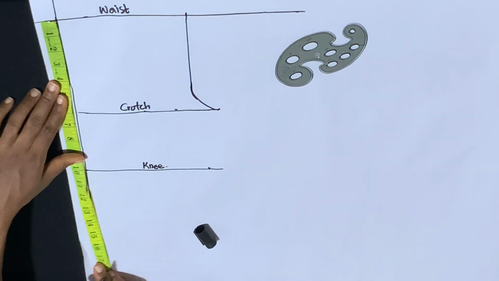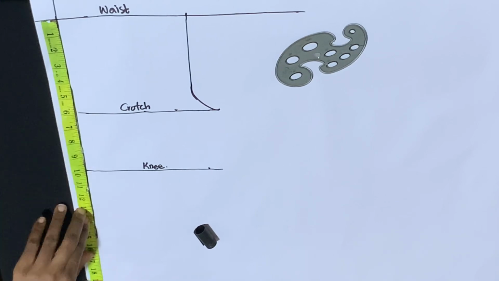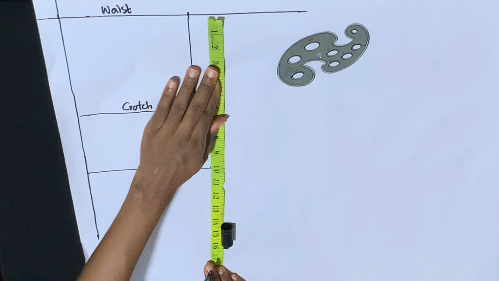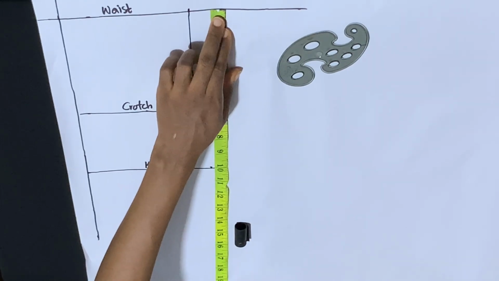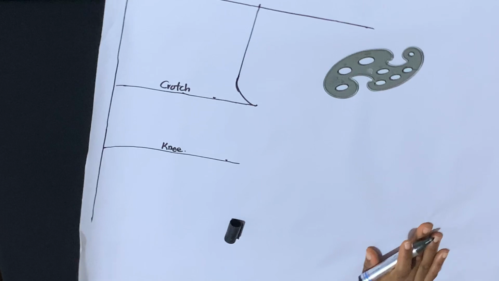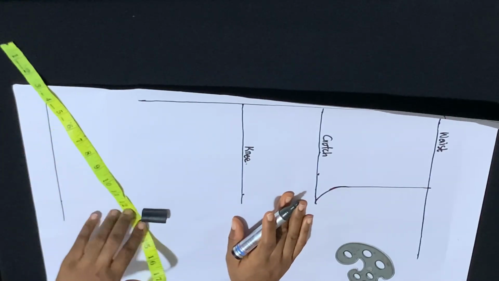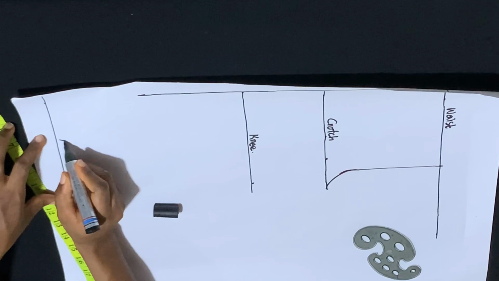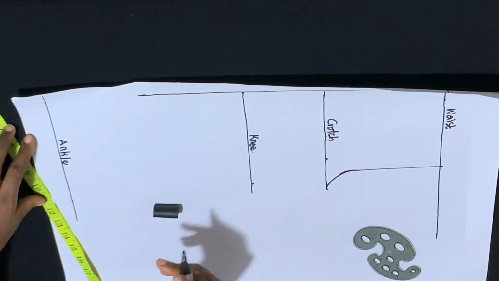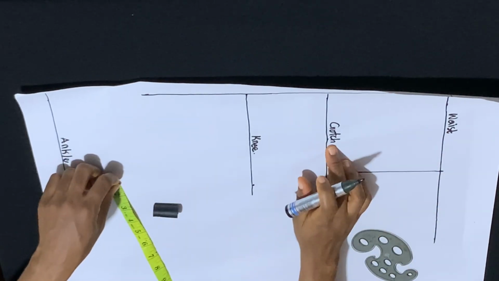I'm going to input the total length, that's 20 inches, then you connect the dots into a straight line. That's the ankle point.